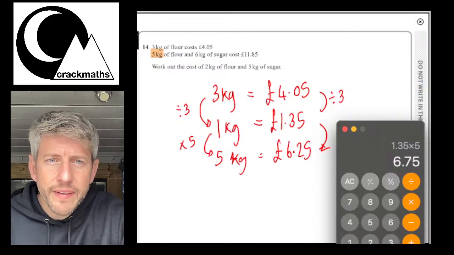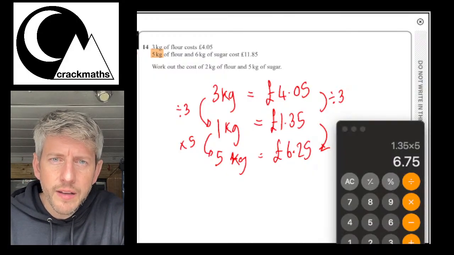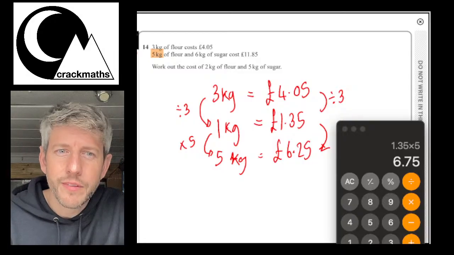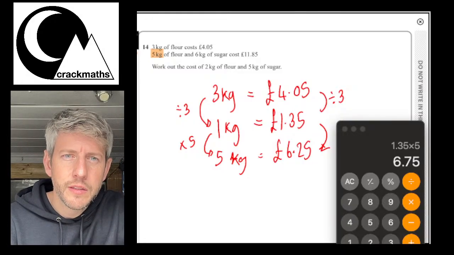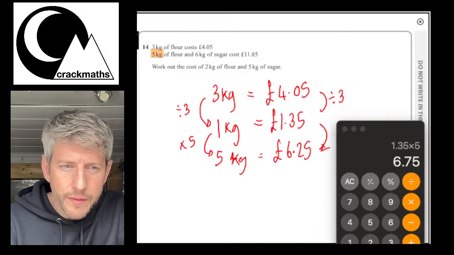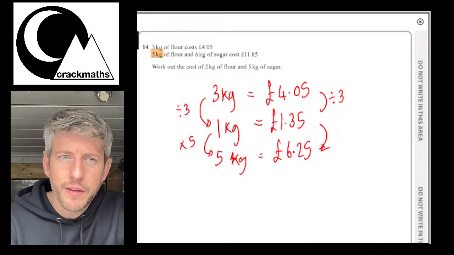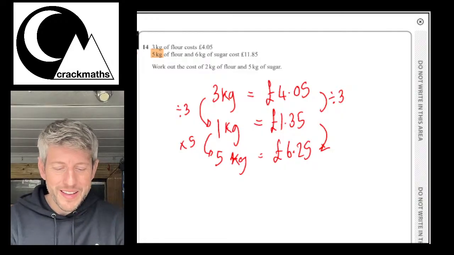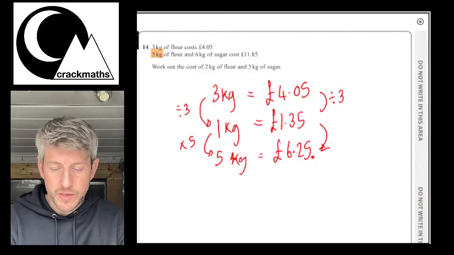Let me move that calculator, because now we need to do some, oh no, what's happened? Has anything gone wrong? No, that's fine, I think. Where's my calculator? There it is. I grabbed the wrong thing. Sorry. So what we've got here is 5 kilograms of flour equals £6.75.